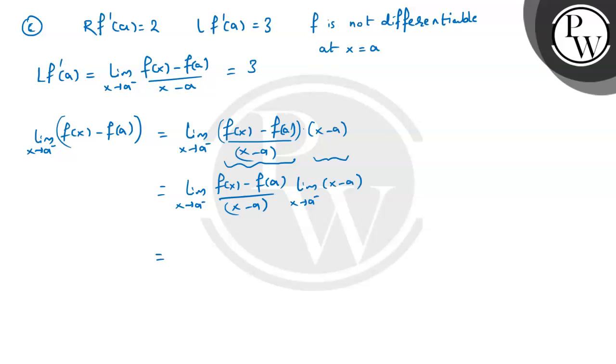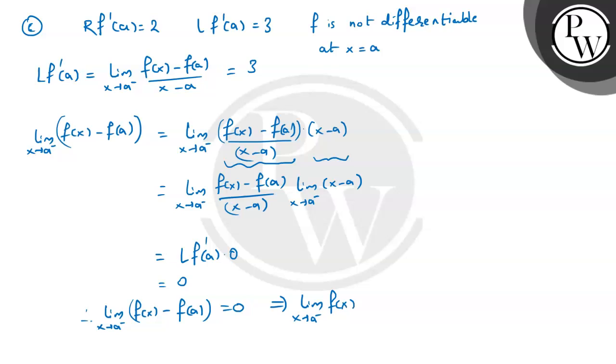This is equal to the left hand derivative of function f at a multiplied by 0. So overall the limit is 0, and therefore the limit as x tends to a minus of f(x) minus f(a) equals 0. If we rearrange, this implies that the limit as x tends to a minus of f(x) is equal to f(a). So what is this implying?